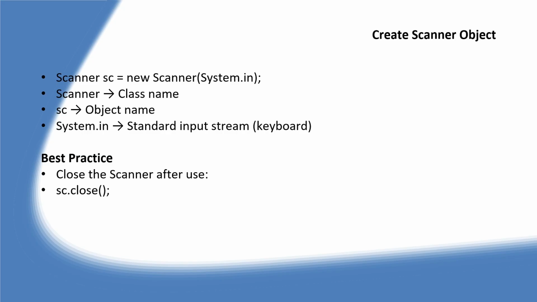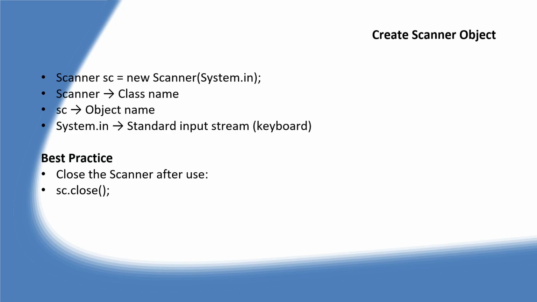System.in is the standard input stream, which means input will be taken from the keyboard. So sc is the variable name, new Scanner is the object, and sc is the object name. By this line, the Scanner object is created.